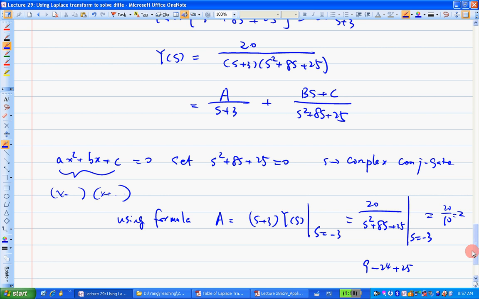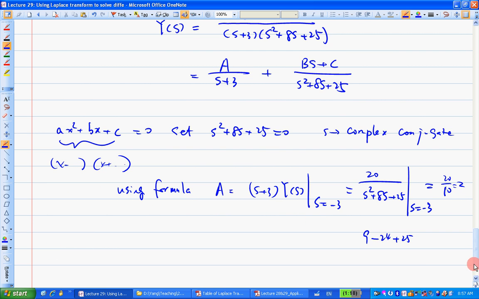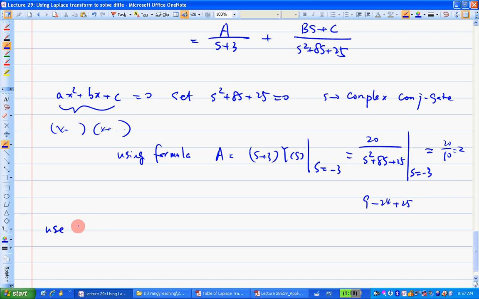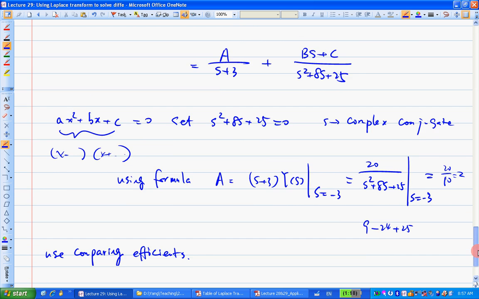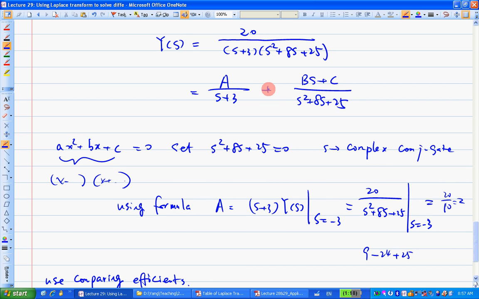Okay, so then there come B and C. So if I use the other approach, I'm going to use comparing coefficients. There's no formula to find B and C though, okay? So here's what we're going to do regarding how we use comparing coefficients. Using comparing coefficients basically means you write this one back into numerator divided by denominator.